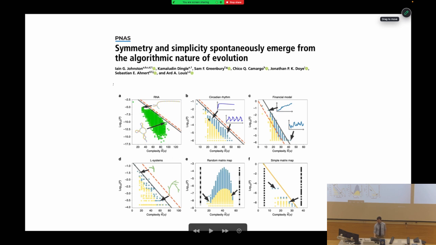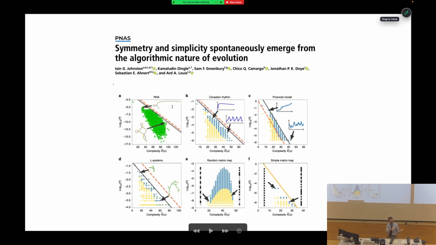In general, one of the consequences these authors argued, and of course this is all empirical, is that this effect is so strong that you can imagine evolution without selection. What is evolution? It's inheritance, mutation, and selection. But this paper argues, or conjectures, that there are so many more ways of designing very simple, symmetric things that selection plays a less strong role.